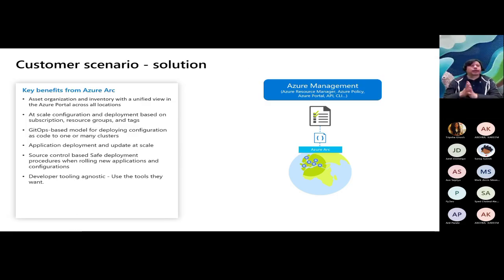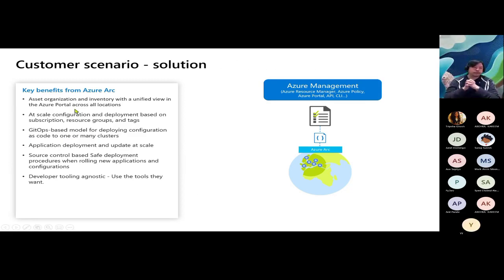For that, we have Azure Arc enabled Kubernetes. So what you can do is asset organization and inventory with a unified view in the Azure portal. So from the Azure portal, you will see a list with all your Kubernetes clusters. At scale configuration and deployment based on subscription, resource groups, and tags.